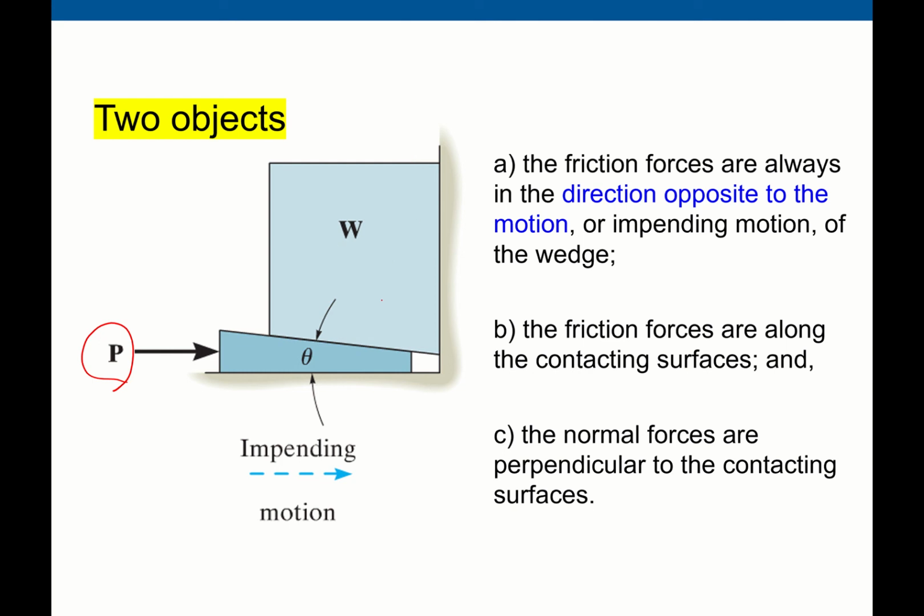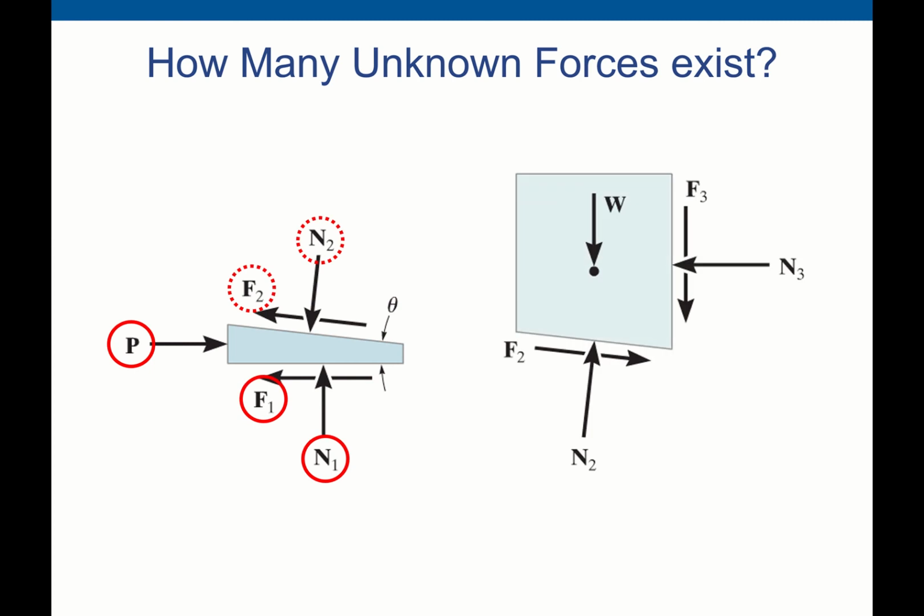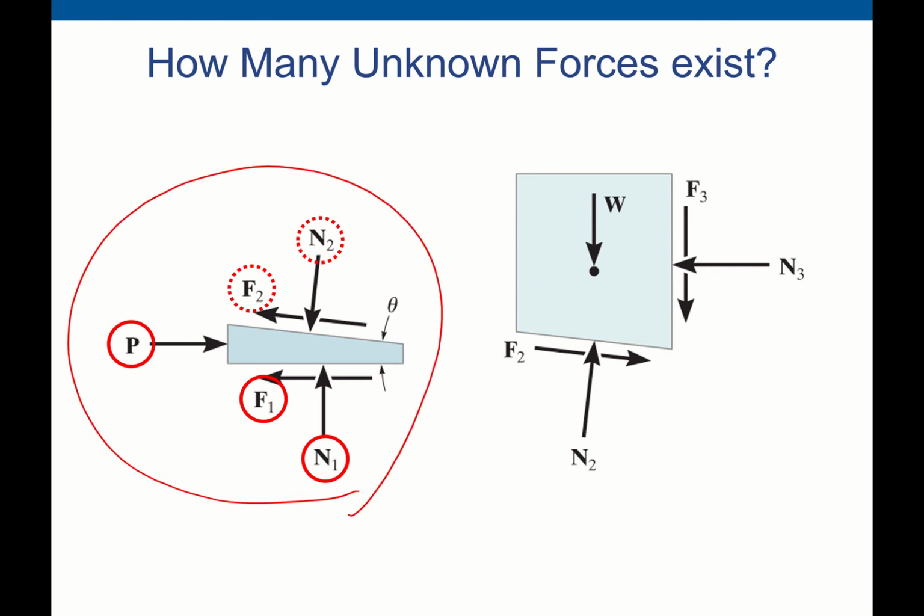Now how many forces do we have left, which are unknown forces? How many unknown forces are left? That's the question. Think about it this way: we can think separately about the wedge part and the box part. Let's look at the wedge part. We have 1, 2, 3, 4, 5 unknowns.